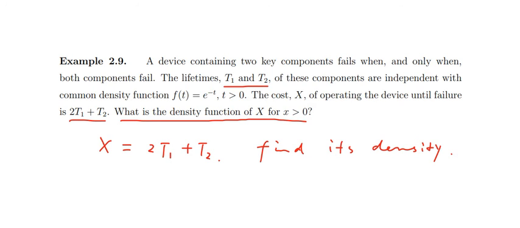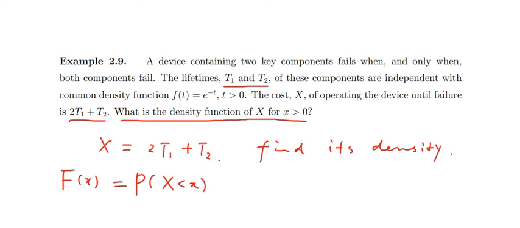So such a problem is just: we know these two variables, x and y, then we find a new variable, which is a function of them. So for such a problem, to find the density function, we need to find the cumulative function, then use the derivative. Okay. So let's say the cumulative function equals the probability that X is less than x.